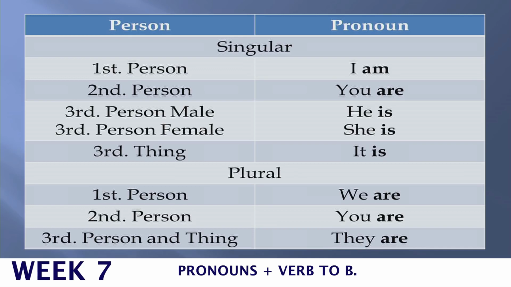For the third person, female, she is. For the third thing, it is. In the plural form, for the first person, we are. Second person, you are. Third person and thing, they are.